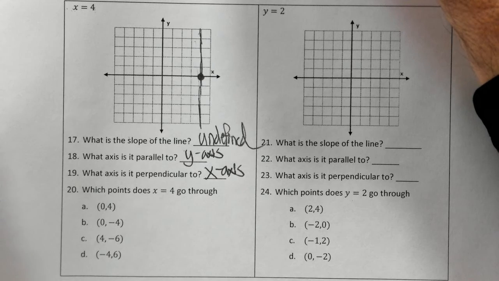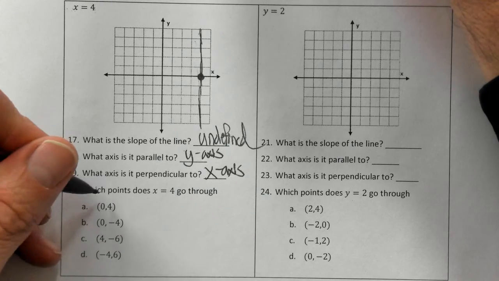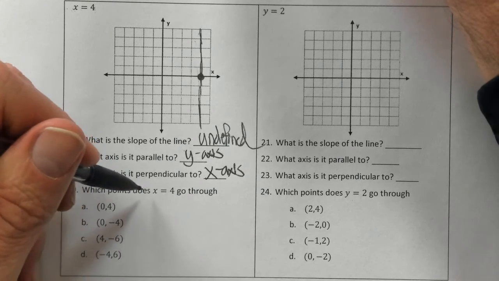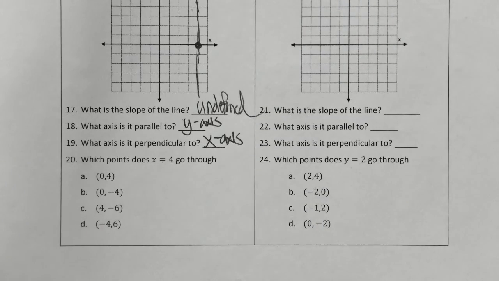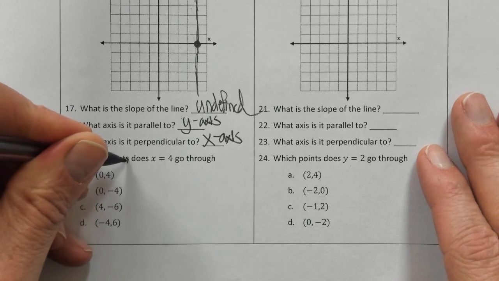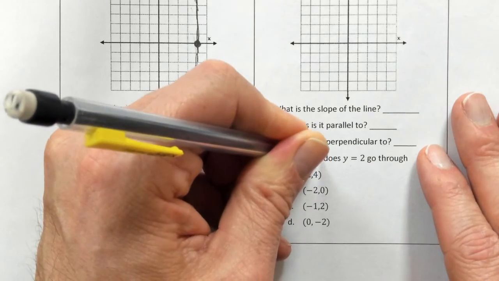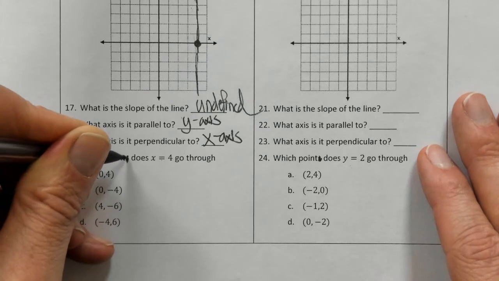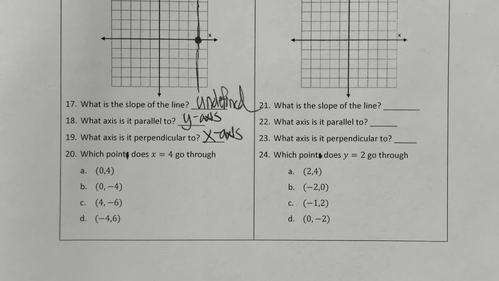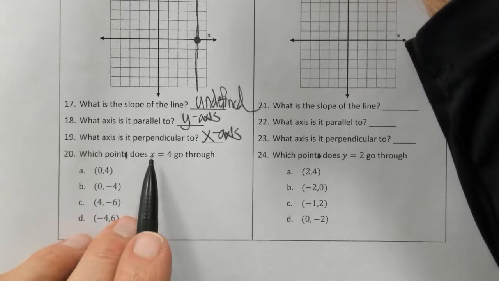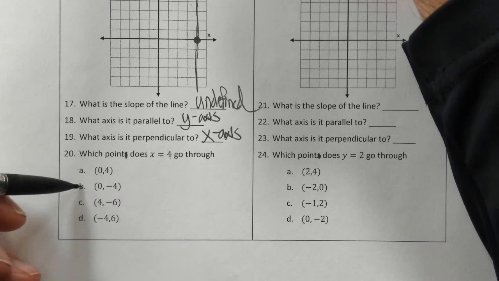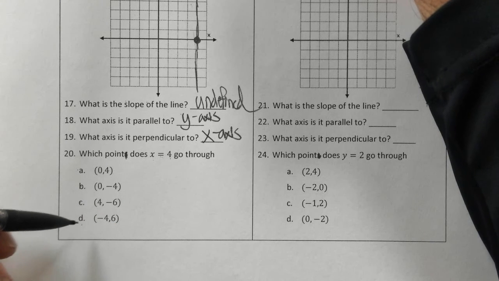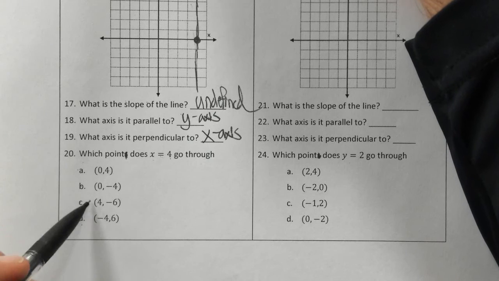Now, here's the last question. It says, which points does x equals 4 go through? So which point does x equals 4 go through? That's what we want to know. It should be one point that we can look at and say that this line goes through. If the equation is x equals 4, I can look at these points on the graph and determine which one is on the line.